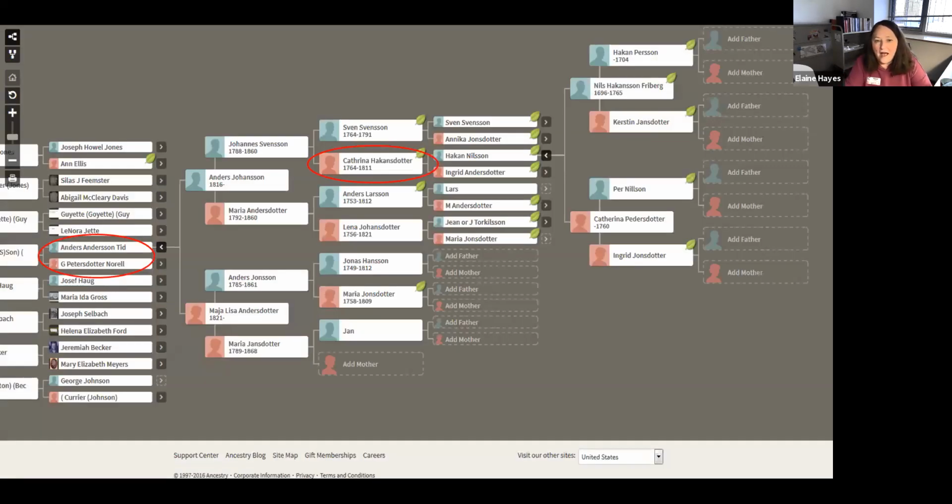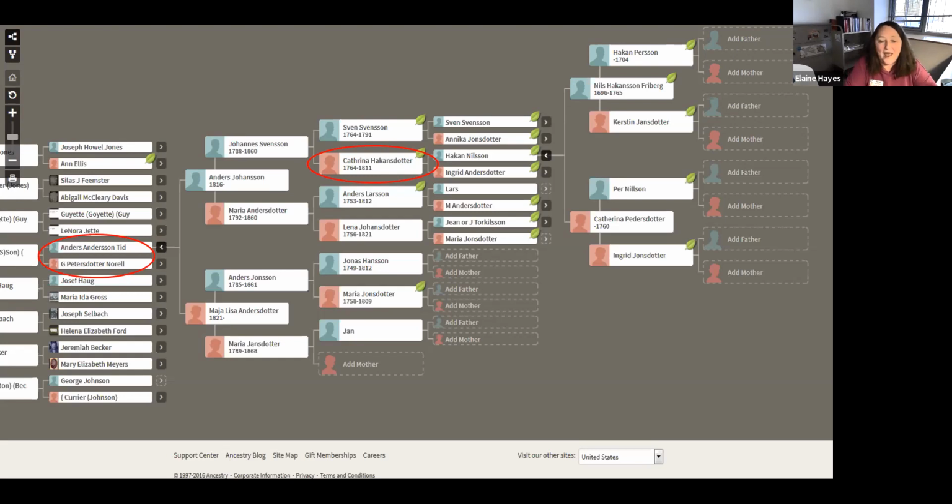So I knew about Anderson Teed over there on the left, and our common ancestor is Katharina Hakensdotter, and she gave me everything to the right of Katharina Hakensdotter, all those folks' names, which was wonderful. And since then, I've even found more. But this is what you can get.